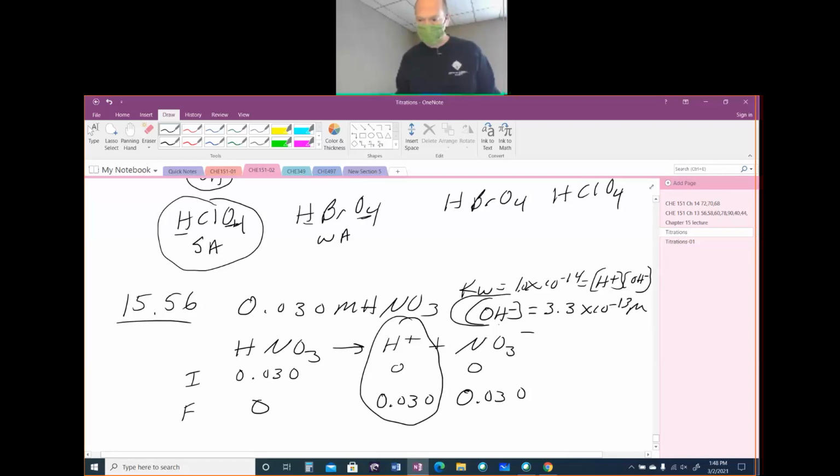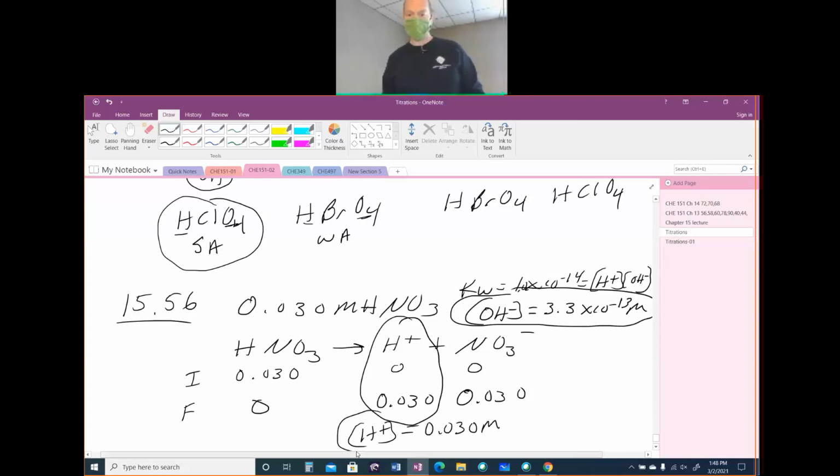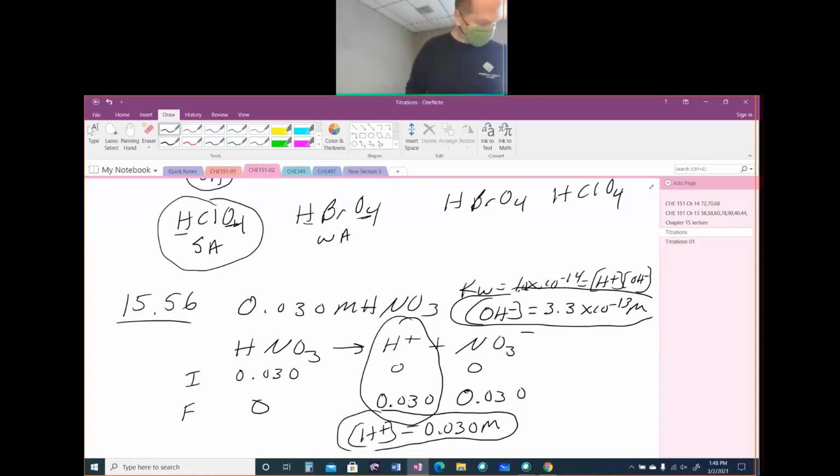So there's your OH minus concentration. Your H plus concentration is equal to 0.030 molar. And when you multiply those two numbers together, you get 1 times 10 to the minus 14. All right, so that was 56.